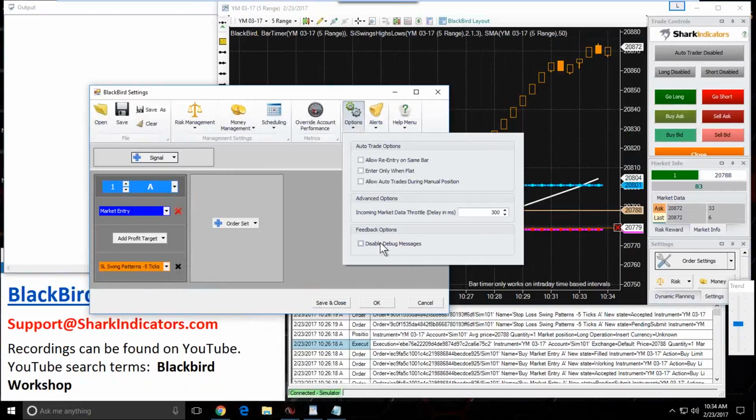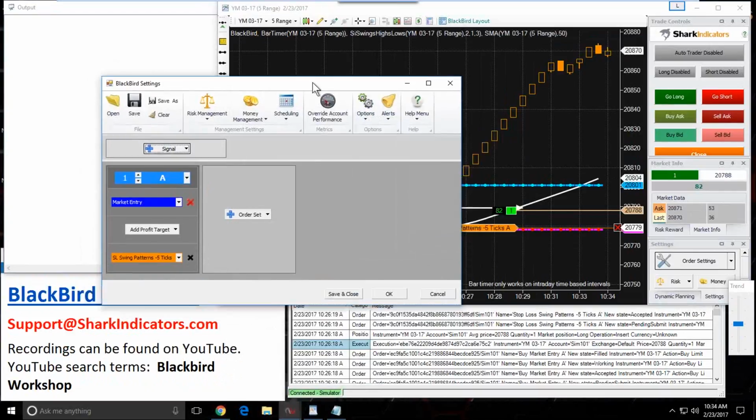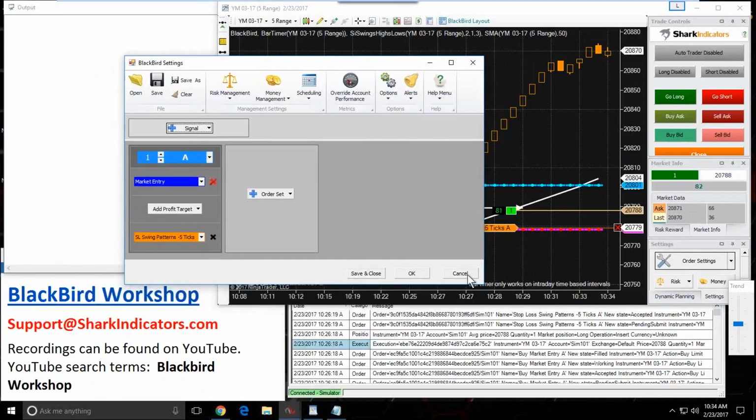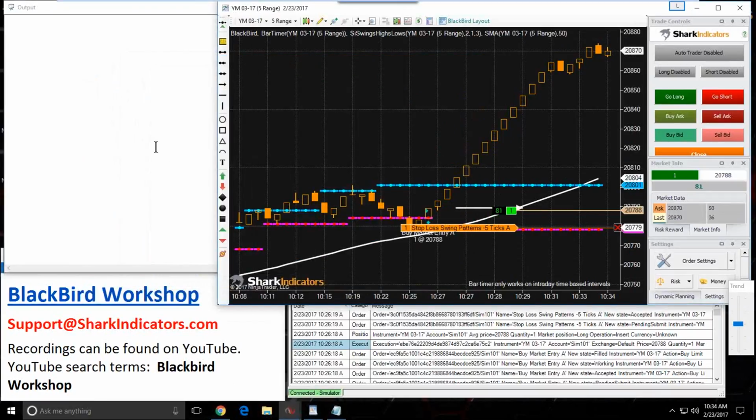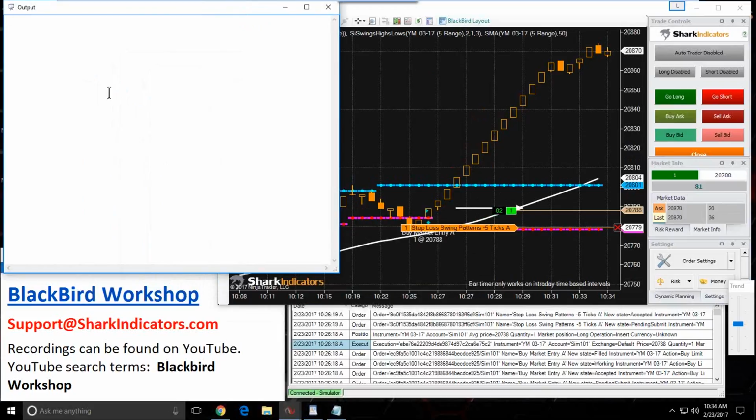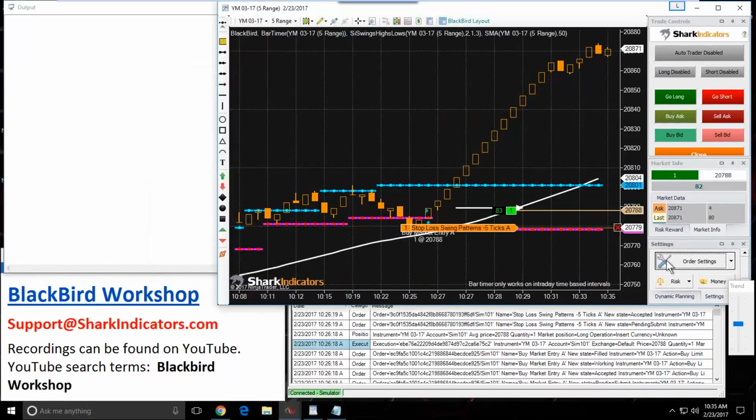Let's see, disable debug messages is not checked. Right. Well, shoot, we're not getting the output. All right, well, normally we should be, BlackBird should be telling us its decision-making process here.